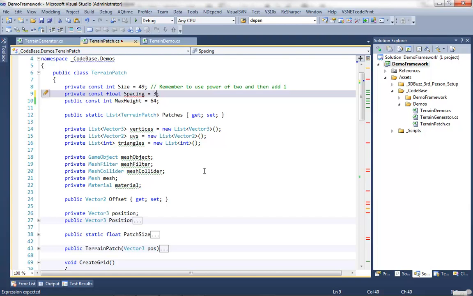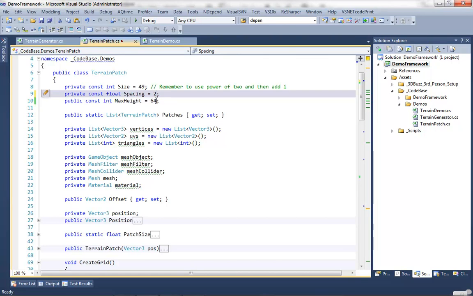If your machine happens to be a little bit slower, 3 or 4 works well. On an iPhone, you could go with a spacing of 8 or 16 even. It smooths everything out, but it does work. So we're going to go with a spacing of 2 in this case.